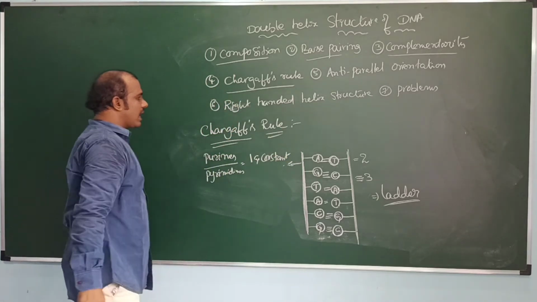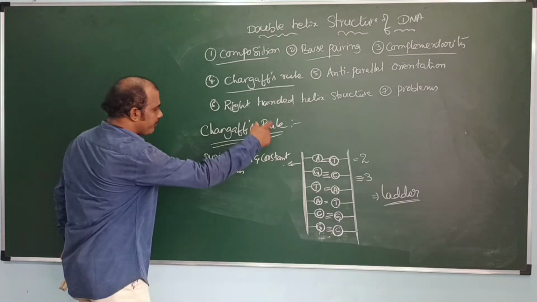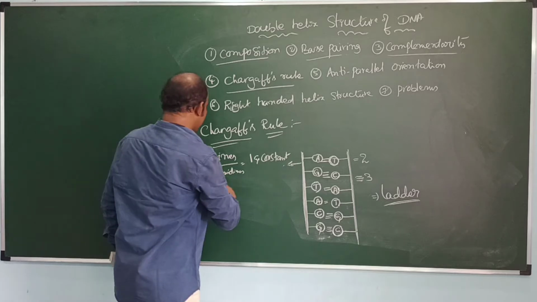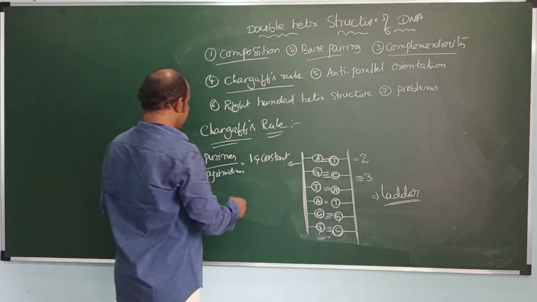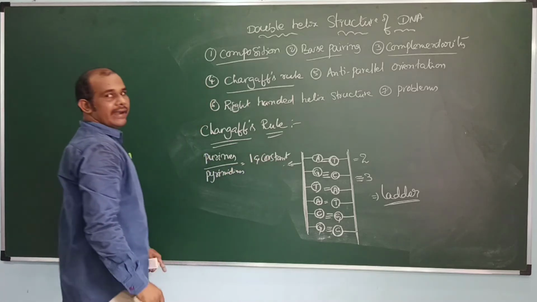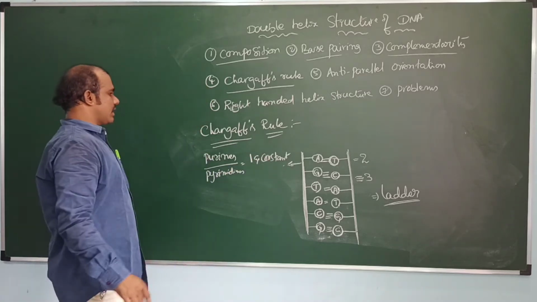According to Chargaff's rule, the number of purines is equal to the number of pyrimidines, so the ratio between purines and pyrimidines is always one and constant. That is one Chargaff's rule.